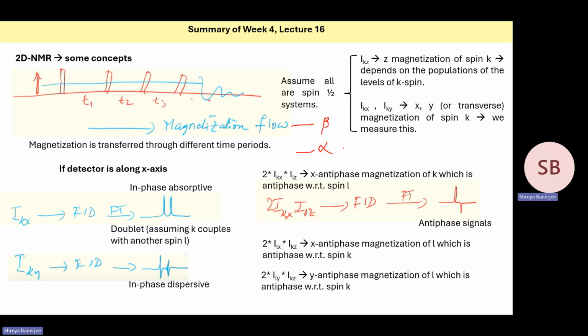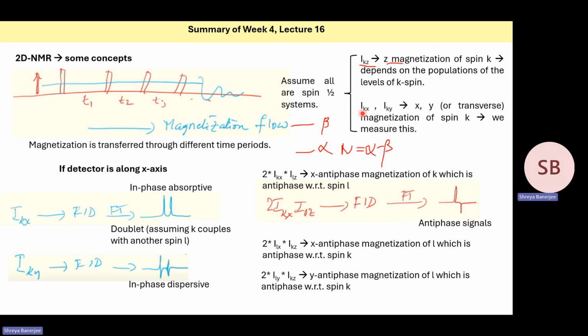Imagining N is the population difference of alpha minus beta, depending on this population difference you will have the intensity of the magnetization. Here the magnetization is in the Z direction, which is normally the direction of the unperturbed magnetization. So the term IKZ refers to the magnetization of spin K in the direction Z.